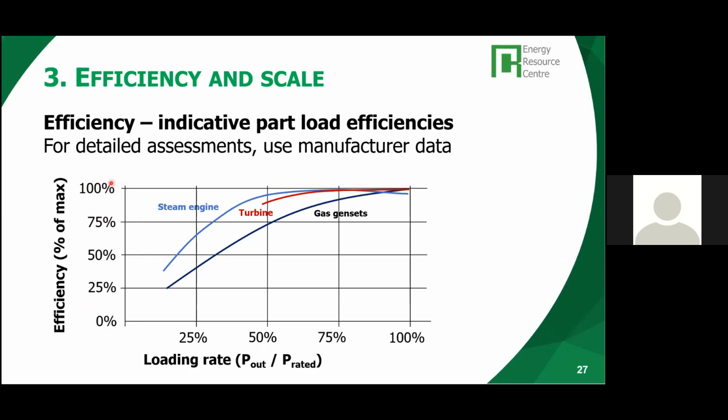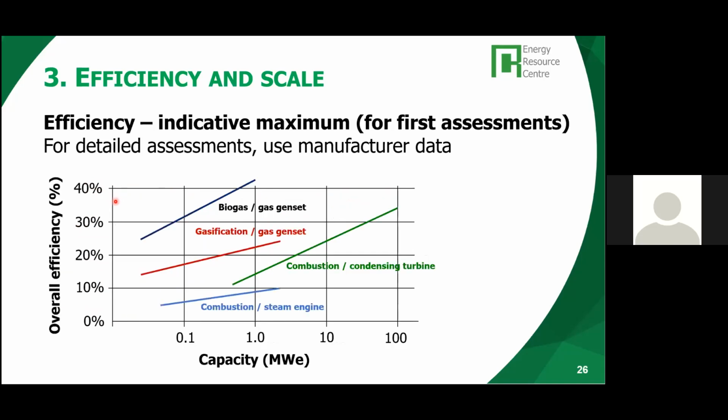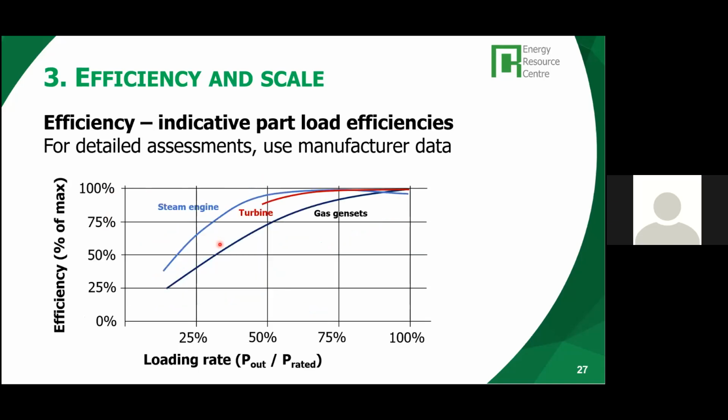So it's not like these points are running at 100% efficiency, but they are running at 100% of their maximum efficiency, which could be, for example, between 25 and 40% for a biogas generator.